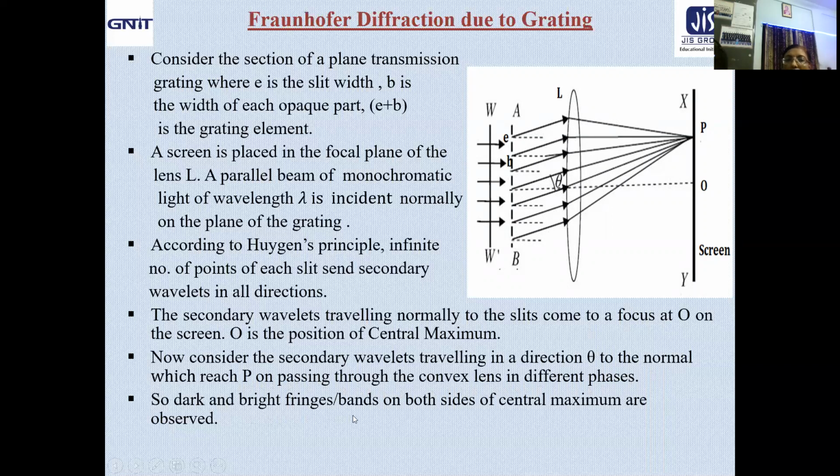So dark and bright fringes or bands on both sides of the central maxima are observed, because the waves diffracted at an angle theta to the normal pass through the lens in different phases. But in case of O, since the path difference is zero with respect to all the slits, the total phase difference is zero. So O will always be the position of the central maximum.